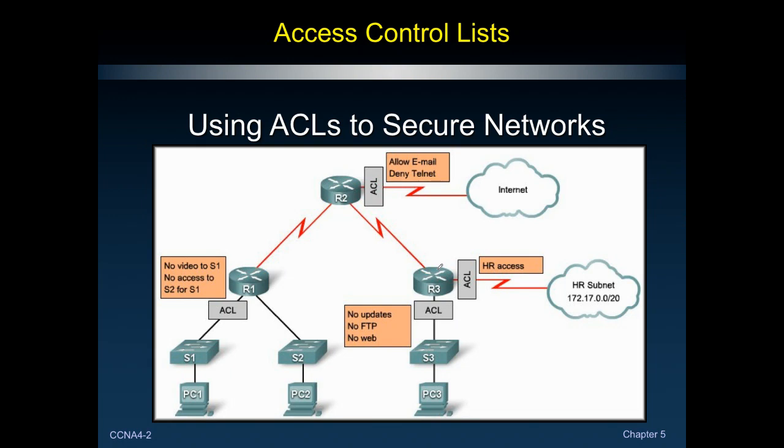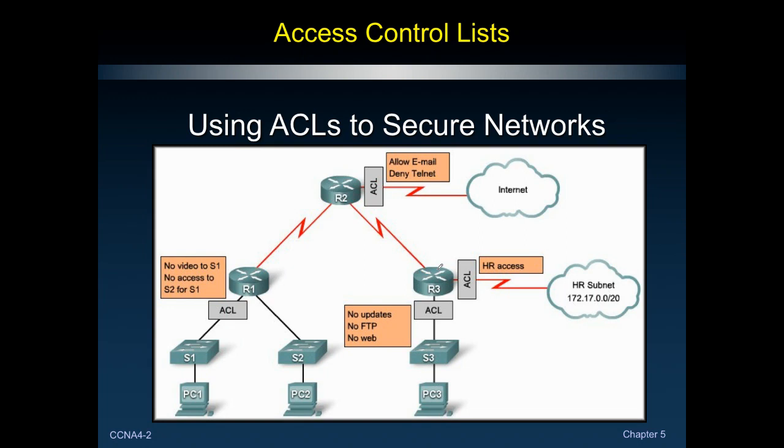So, basically here with ACL, you can actually filter packets for a single or group of IP address, or a single host or a group of network, right? So from the source to destination.